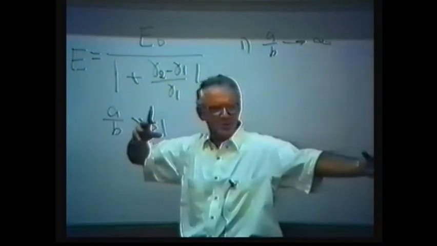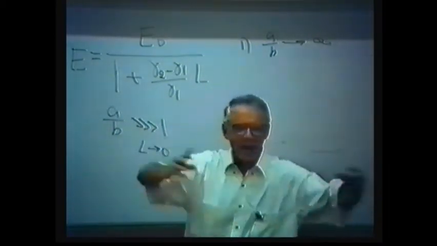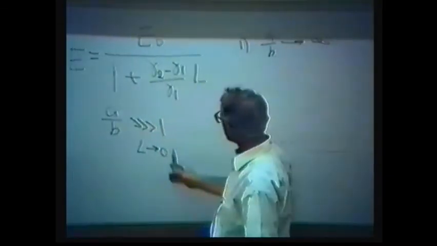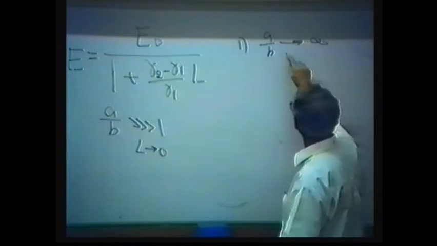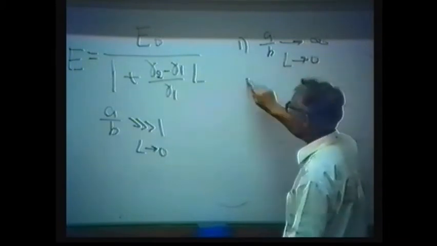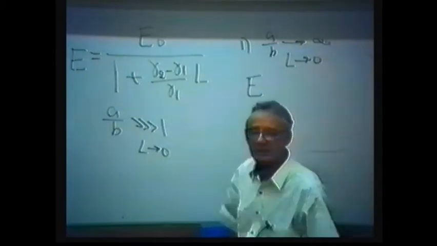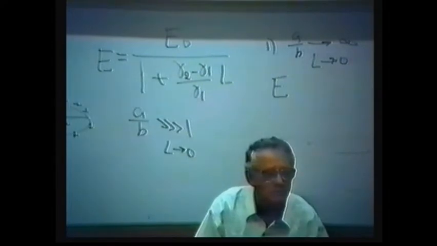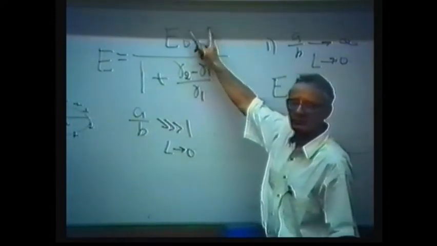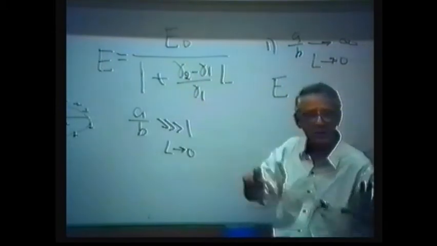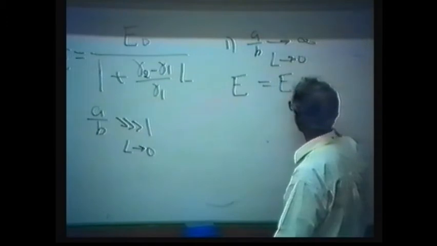Ellipsoid transforms into dike or pipe, which is very long. What would happen in this case? L goes to 0. What happens with electrical field inside? It becomes equal to primary electrical field.